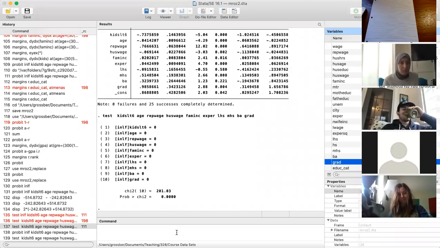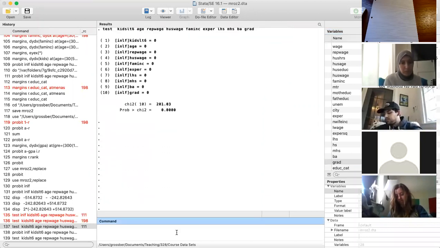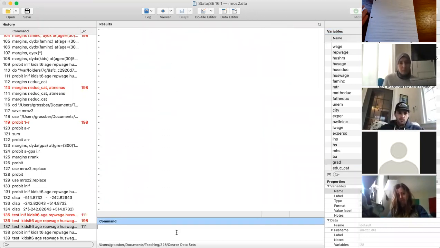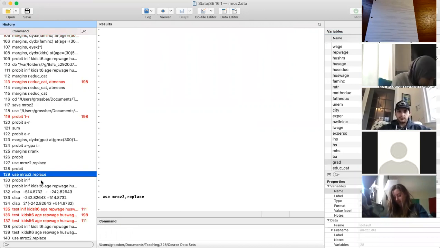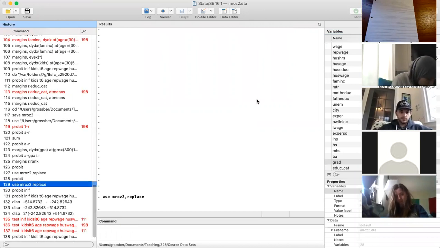Let me just scroll those off the page. And what I want to do is to use this data set, MROZ2. Mroz is actually a guy's name. And we'll use that for a little bit of estimation, okay?